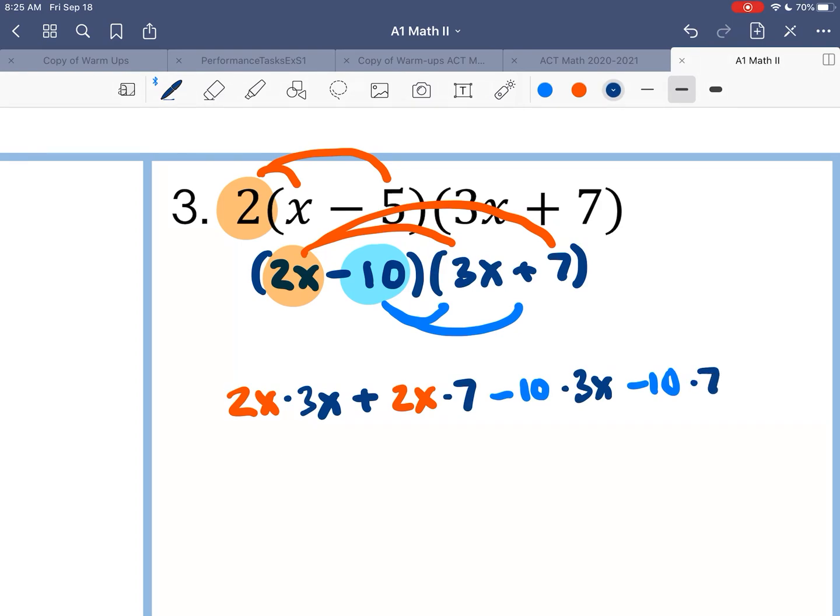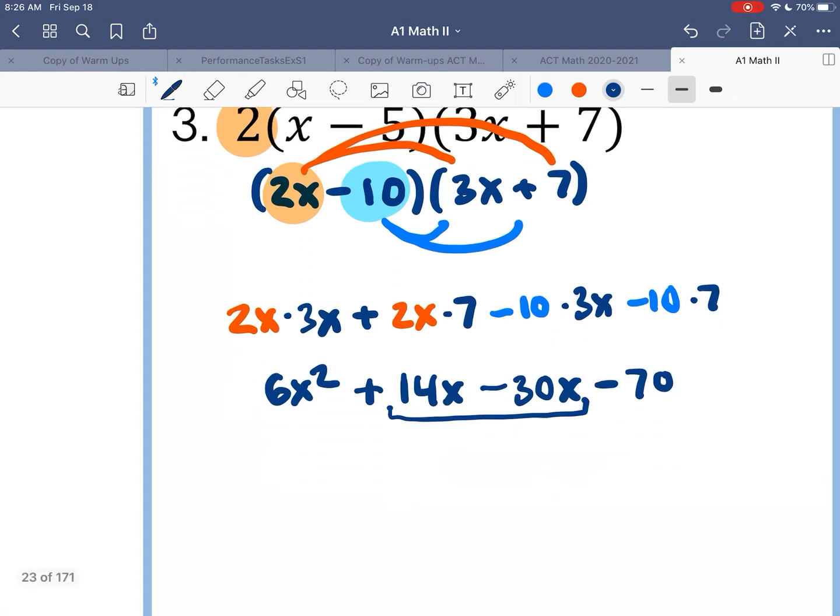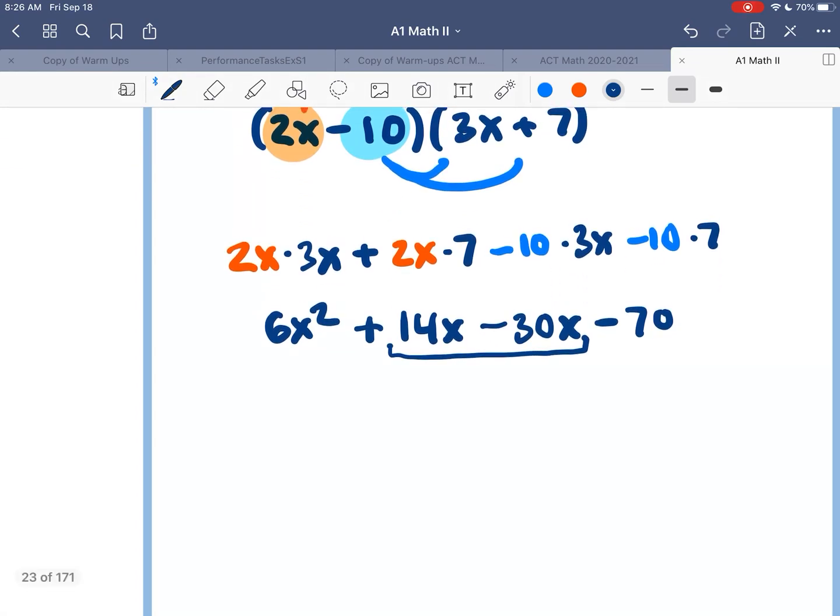And 2x times 3x is 6x squared, because there's 2 x's multiplied together. Be careful about that one. When you're multiplying, the power can change. When you're adding, it's not. Then 7 times 2x is 14x, and negative 10 times 3x gives us negative 30x, and negative 10 times 7 is minus 70. So last step here, these middle two combine, and that gives us negative 16x.